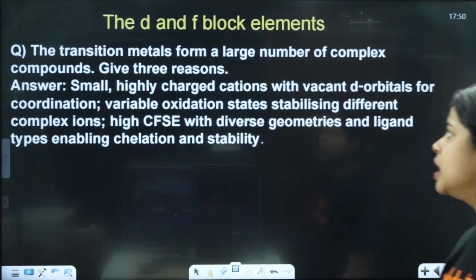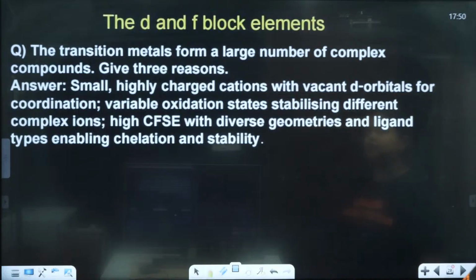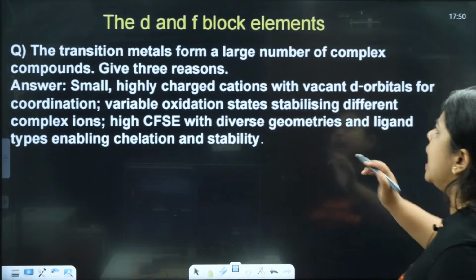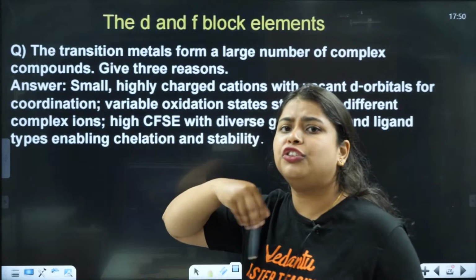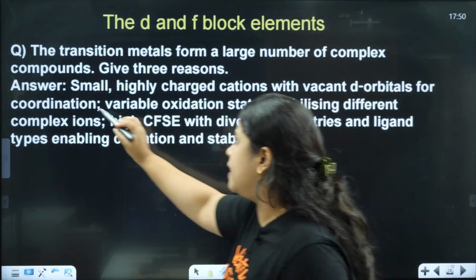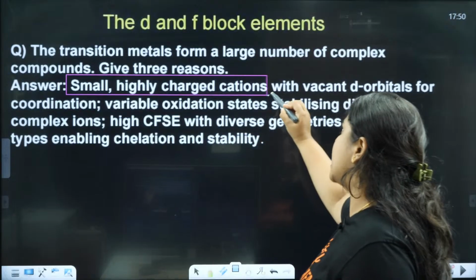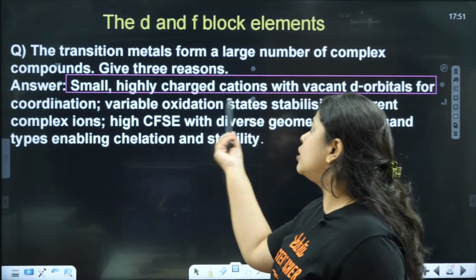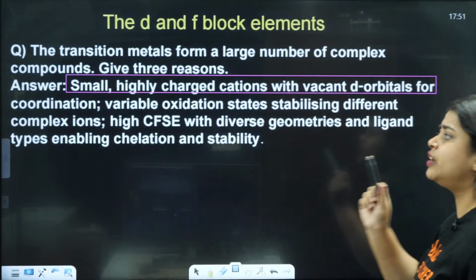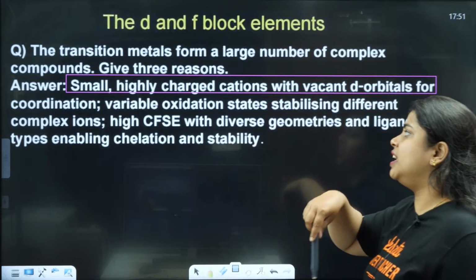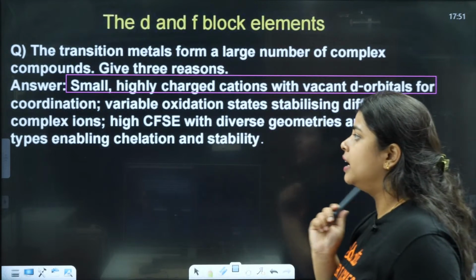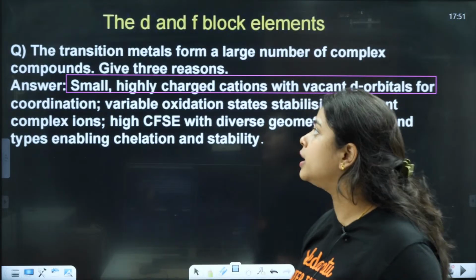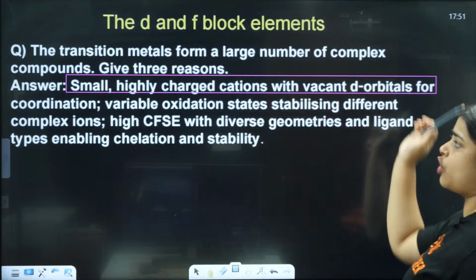Next, the transition metals form a large number of complex compounds; give 3 reasons. Small, highly charged cations with vacant d orbitals for coordination, variable oxidation states stabilizing different complex ions, and high CFSE with diverse geometries and ligand types enabling chelation and stability.